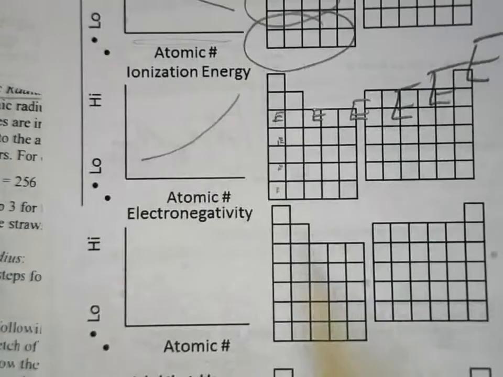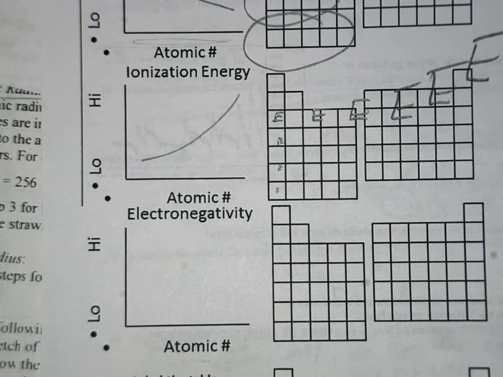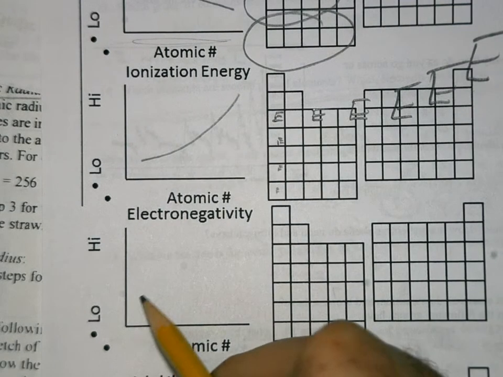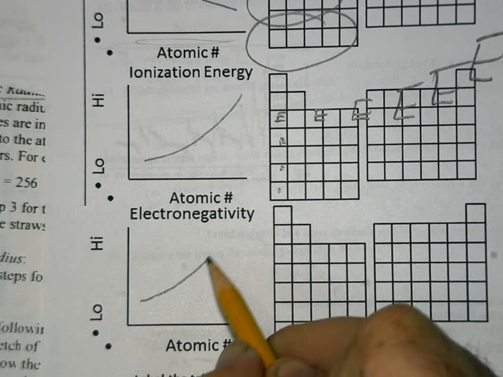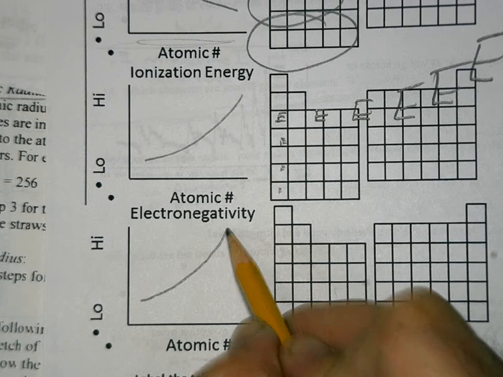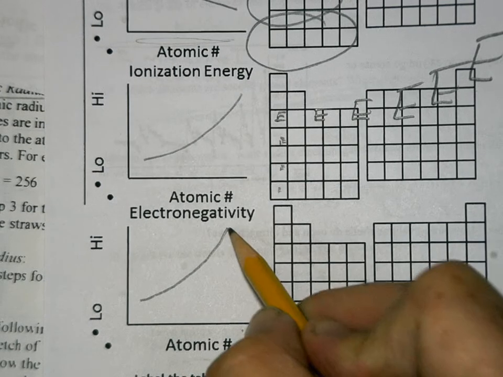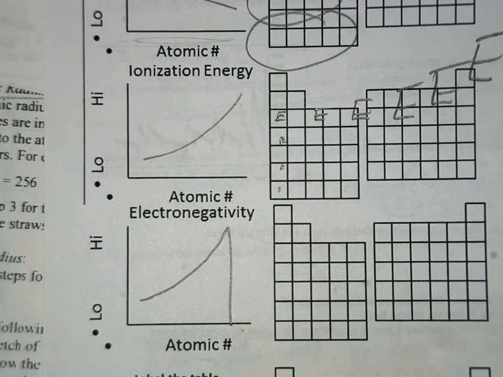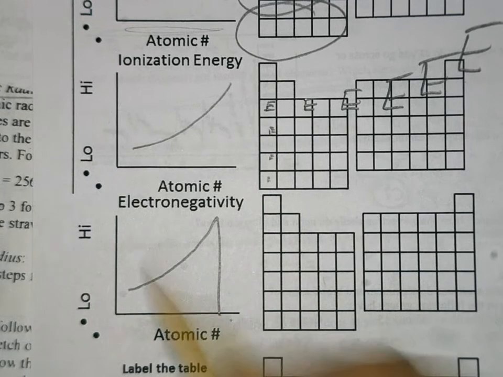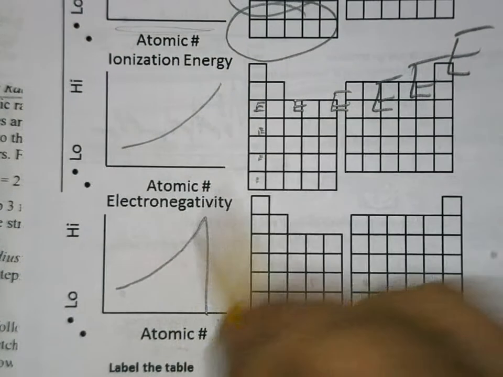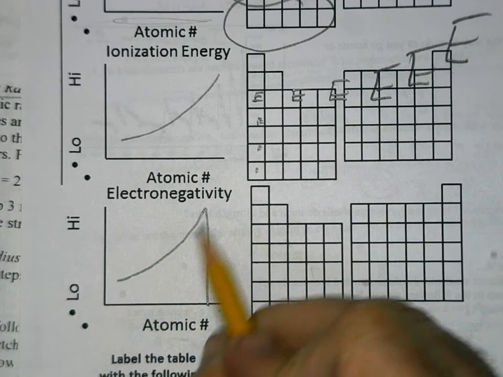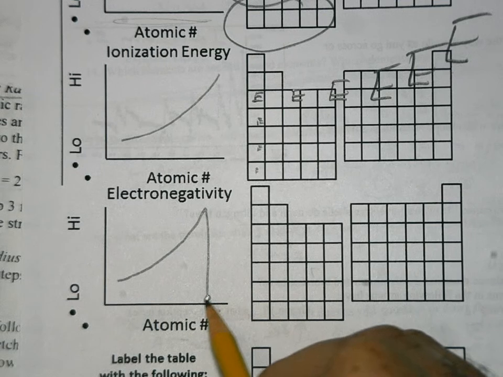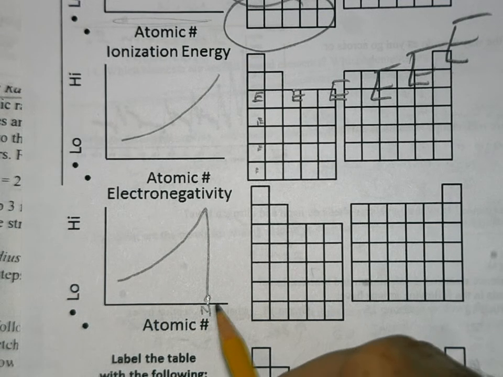Electronegativity is going to be the same trend as ionization energy. It's going to get, as you go across the period, it gets bigger and bigger. But when you get to the noble gases at the very end, it drops to 0. So, electronegativity is what drops down to 0 when you get to the noble gas down there, okay?